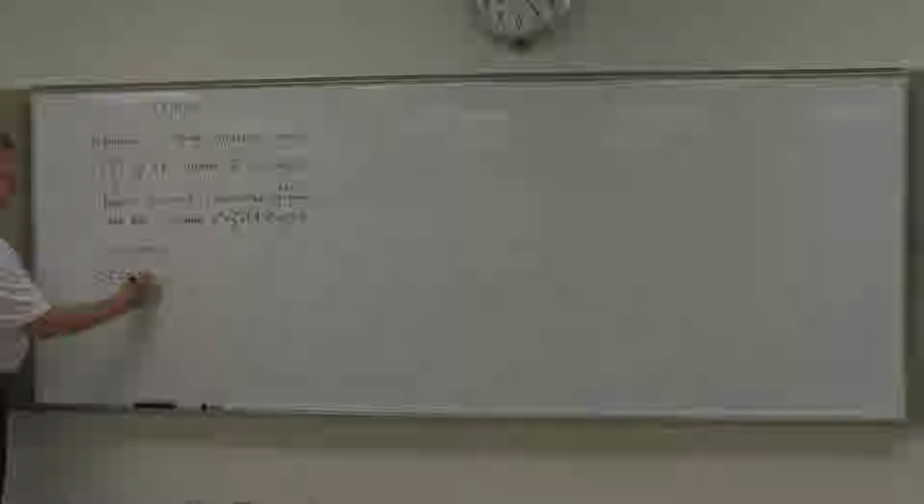And so we need to change the x over to r's and thetas. x is r cosine theta. So r cosine theta plus 2 would be the upper limit of the z. Okay? All right.